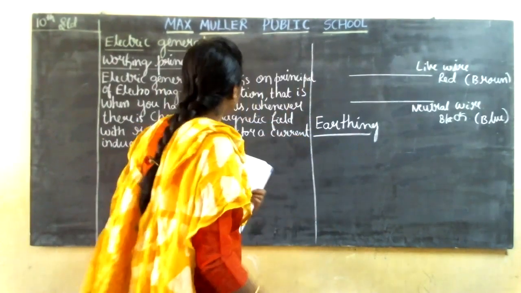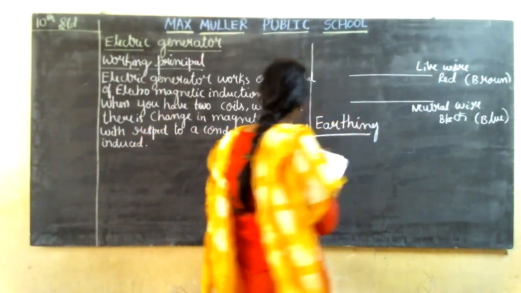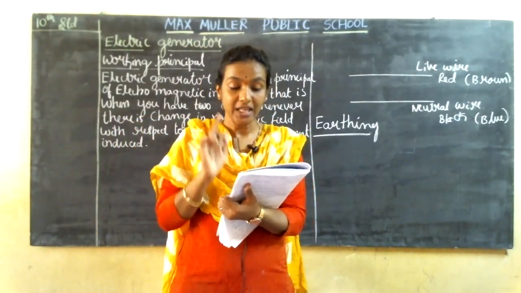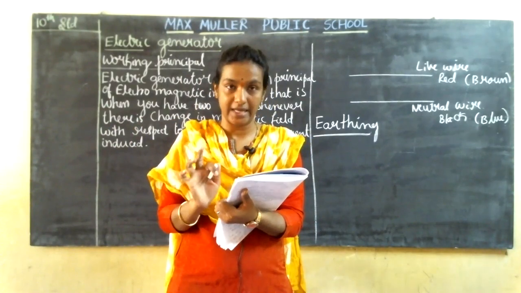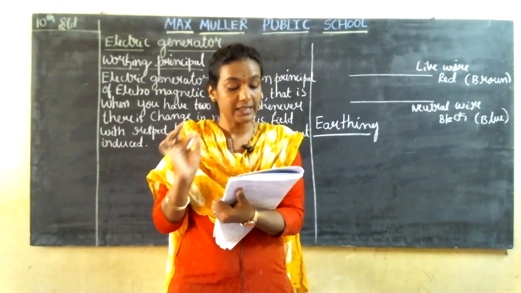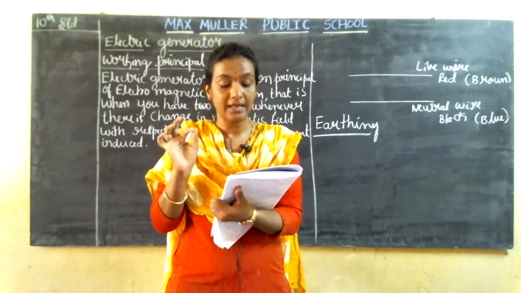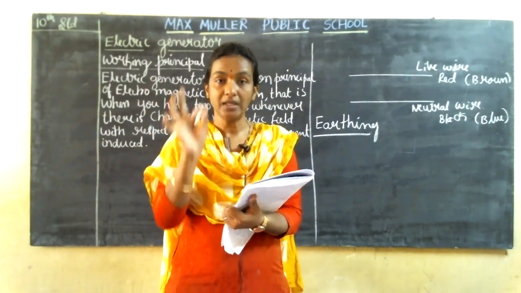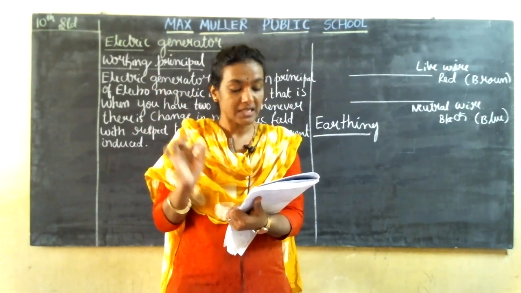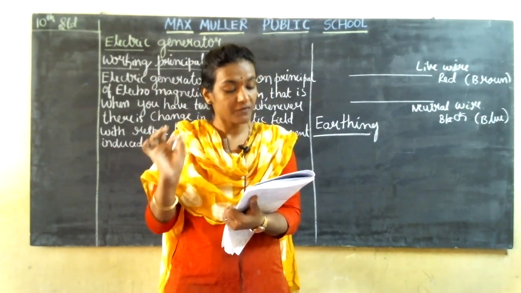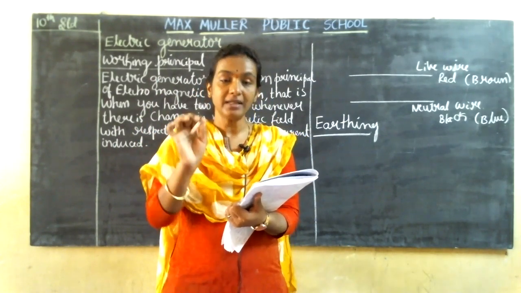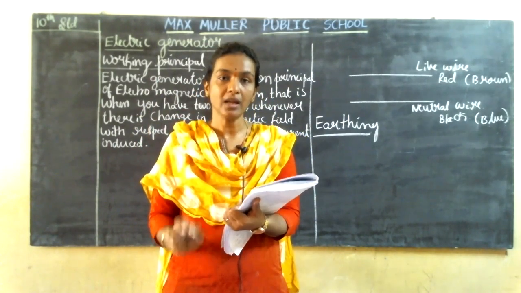Okay. So they might ask you how it works. For every device, if there is a leakage of current, all the leaked current will accumulate at that particular device on the metallic surface, and with the help of the earth wire it is transferred into the metallic plate provided under the ground.